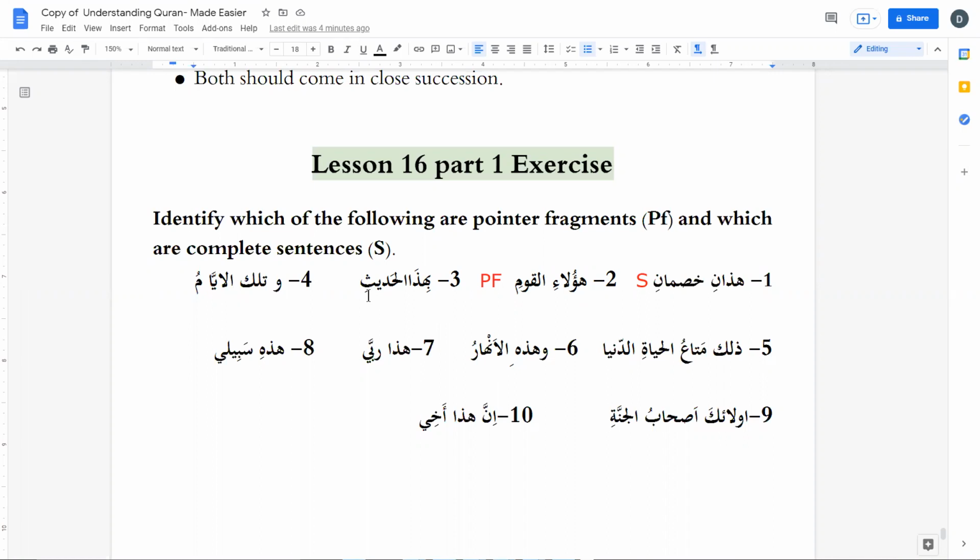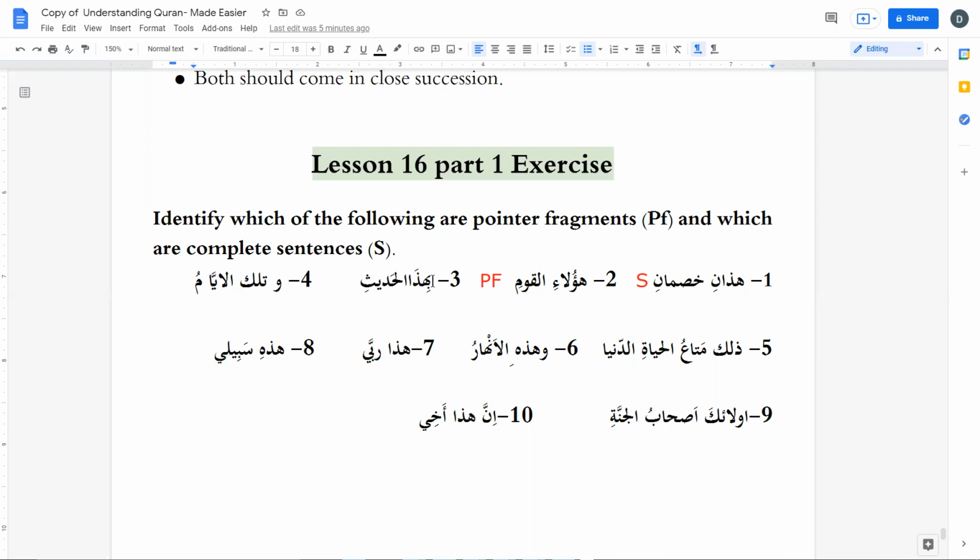Bi hadal hadisi. Do you see a pointer fragment here? Yes. And is there only one combination, or do you see two combinations over here? Two combinations, mashallah, yes.